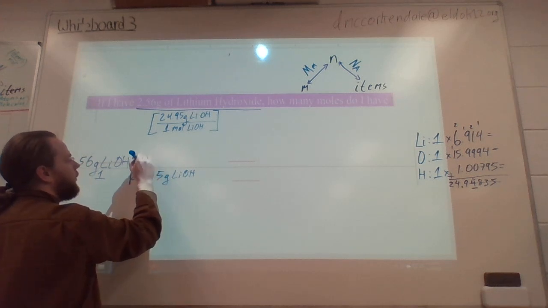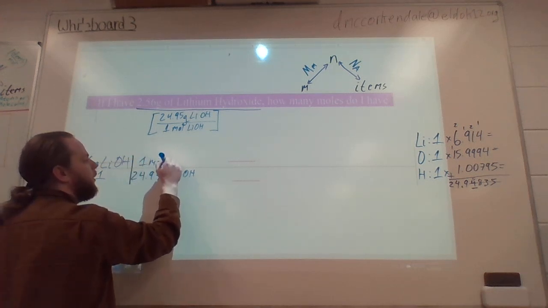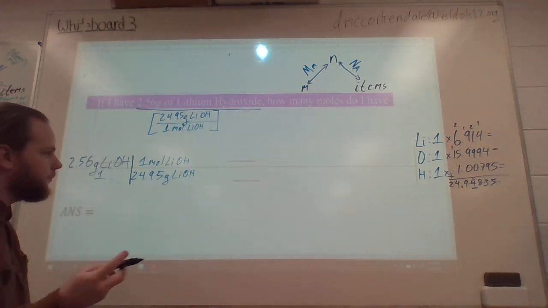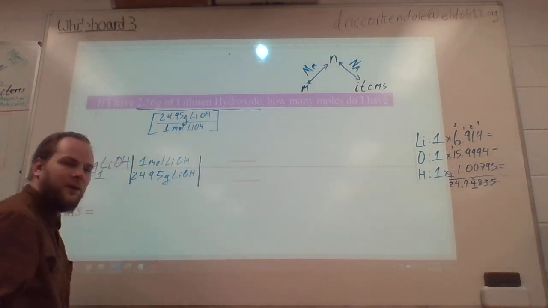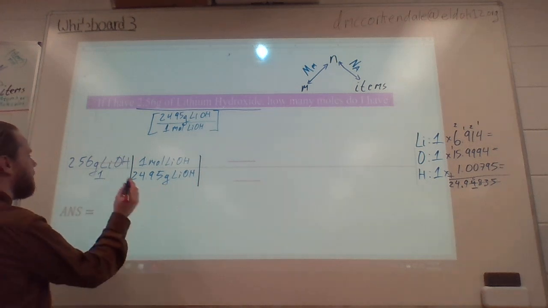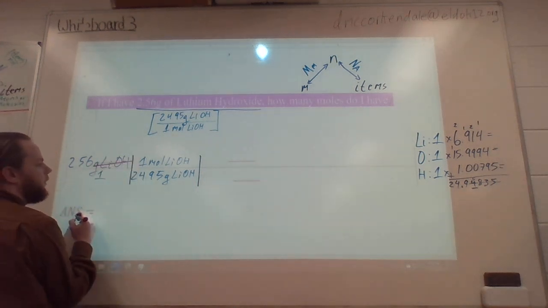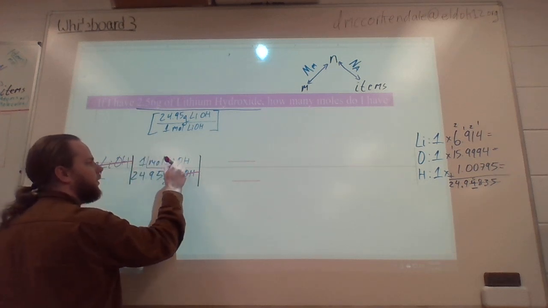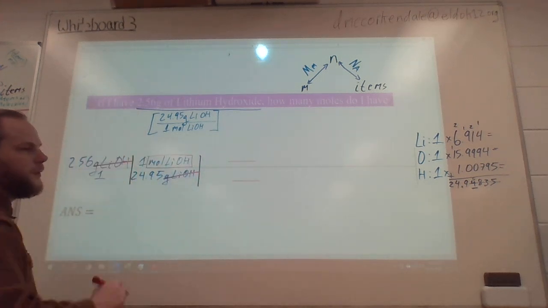And then the 1 mole of LiOH goes on the top. Put a line to indicate the end of the fraction, and then we cancel grams of lithium hydroxide with grams of lithium hydroxide, which leaves us now with moles of lithium hydroxide.